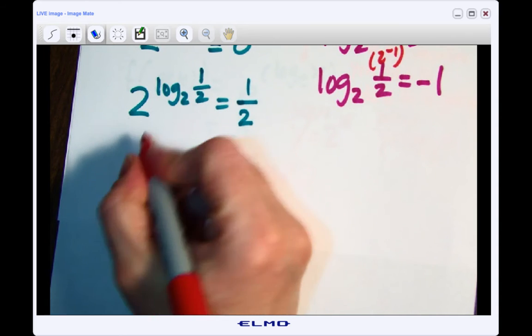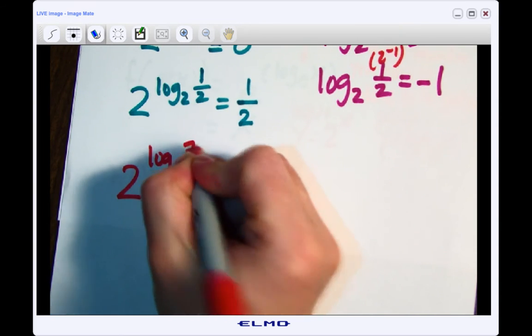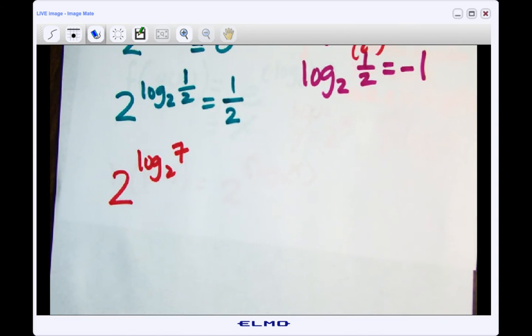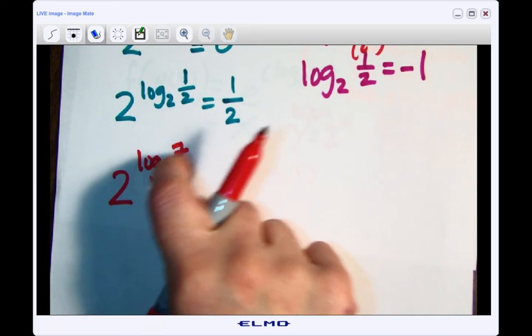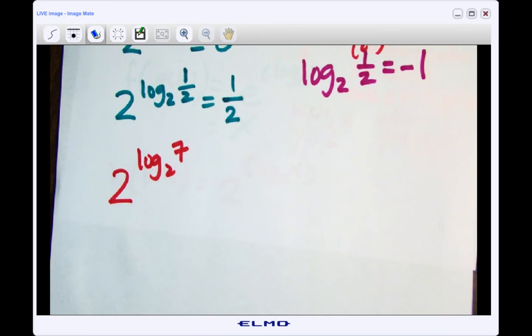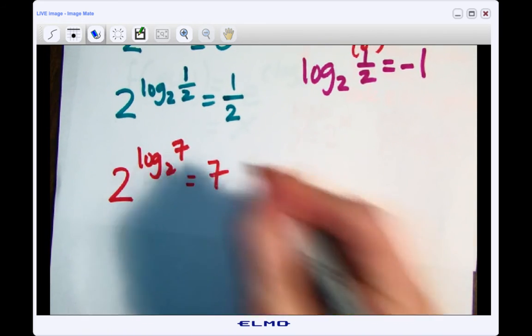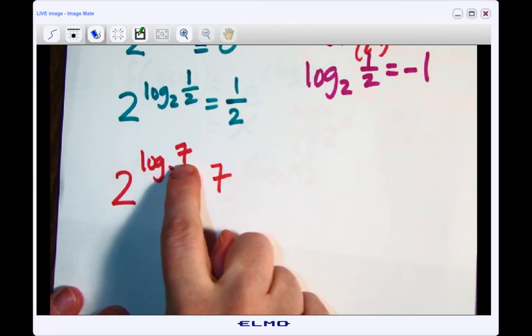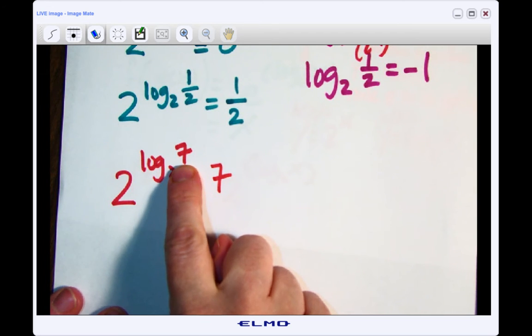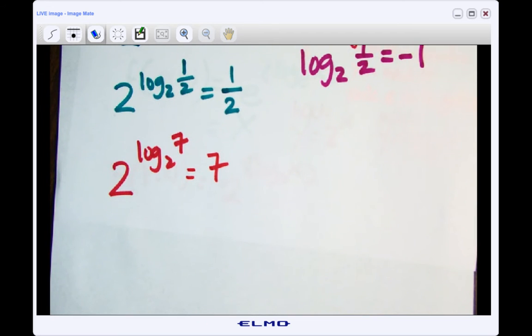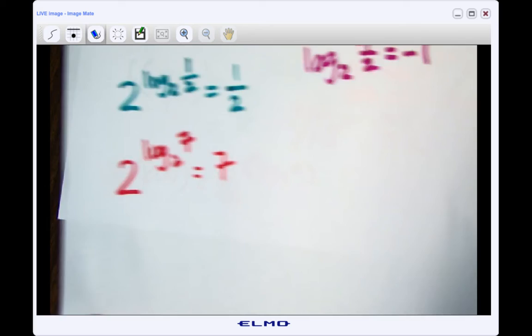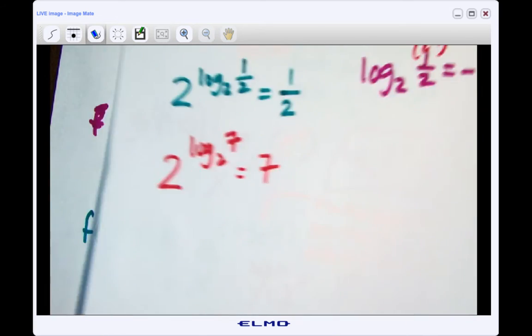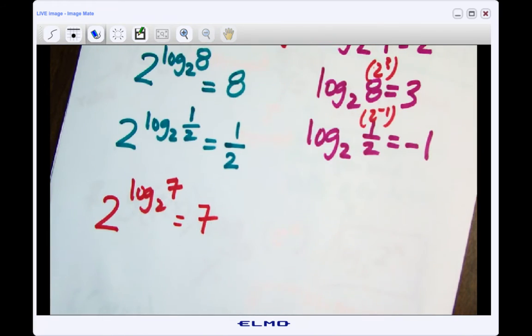Because if I had 2 to the log base 2 of 7, which I have no idea what number that is, but I do know that if I raise 2 to it, I'll get a 7. So that means that this has to come out to be 7. This is this idea of this inverse function. I'm getting out whatever my original input was, because these are inverse functions.